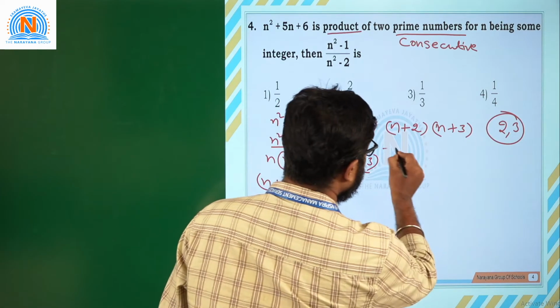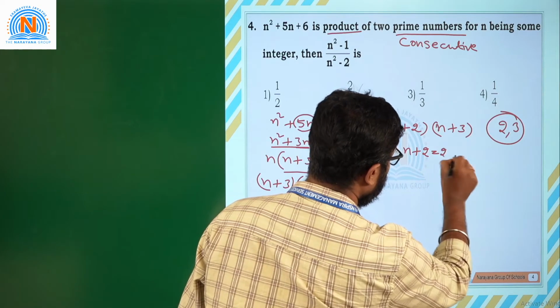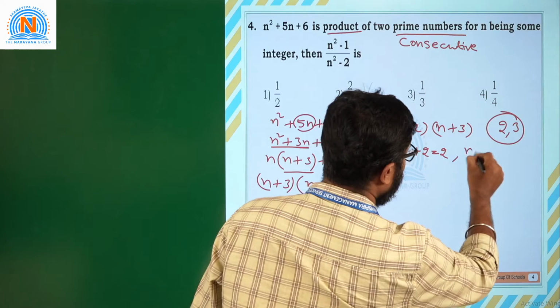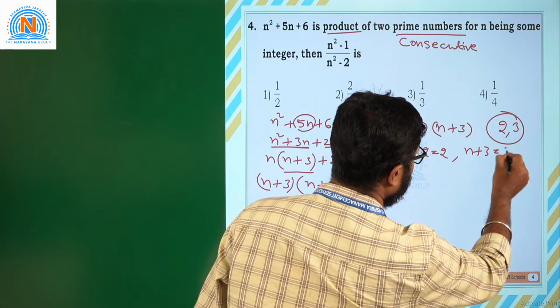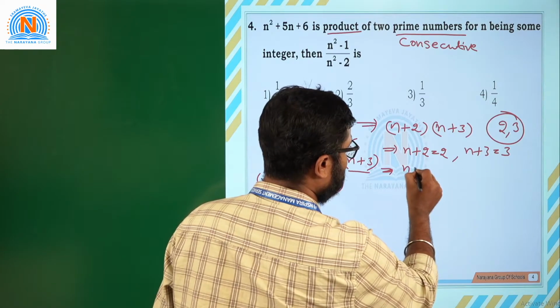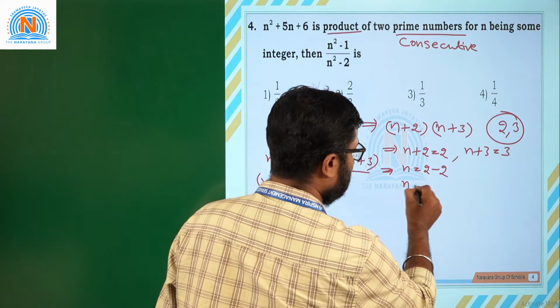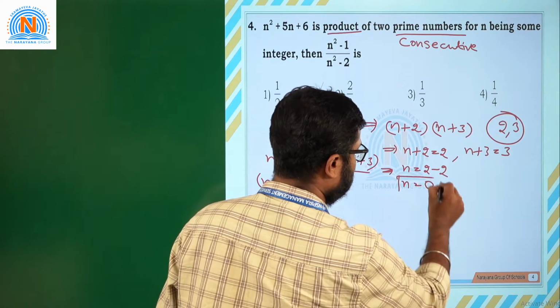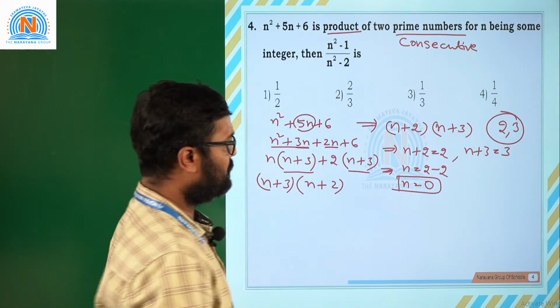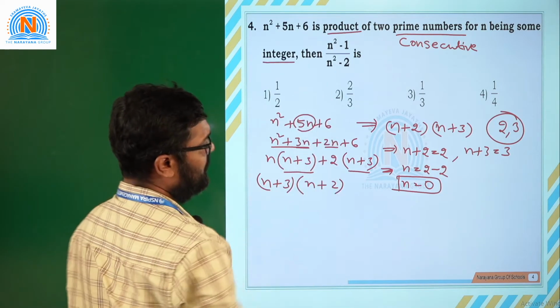So that means n plus 2 is equal to 2, then n plus 3 is equal to 3. Now if you observe, this plus 2 is transposed to the RHS and becomes minus 2, then n is equal to 0. That means we got the integer n equal to 0.